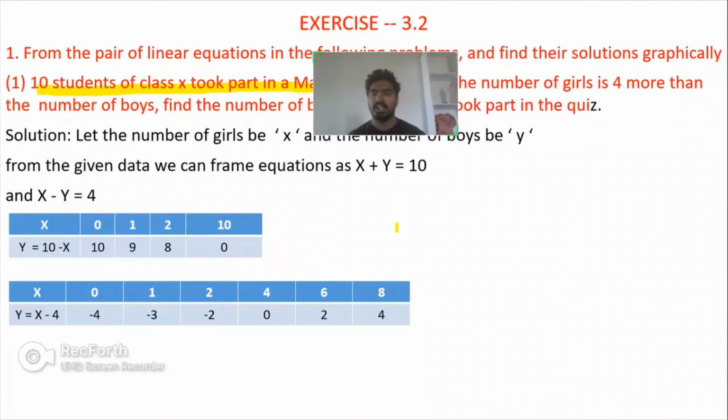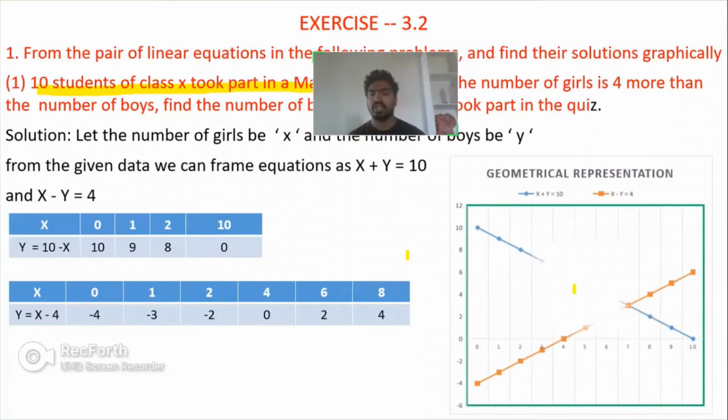So, if I plot all the points in a single graph, we can clearly see that the blue line indicates the line x plus y is equal to 10, and the red line indicates the line x minus y is equal to 4. After plotting these two line equations in a single graph, we can clearly see that these two lines are intersecting at a common point.